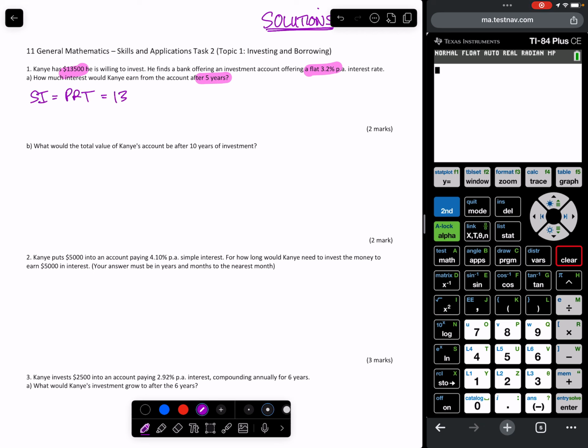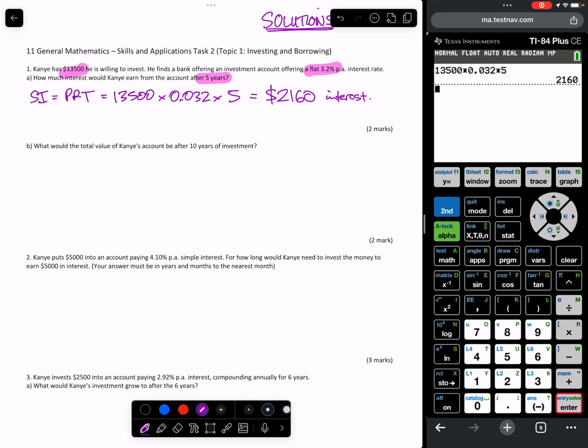The principal is 13,500 times the rate as a decimal, 0.032, times the time in years, 5. Using the calculator, 13,500 times 0.032 times 5 is 2160 interest.